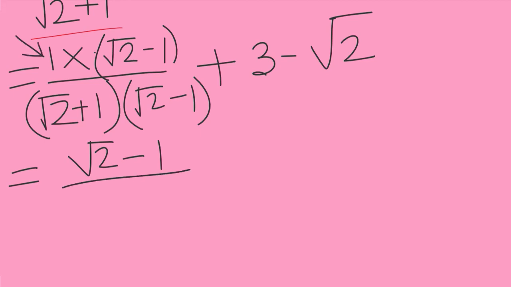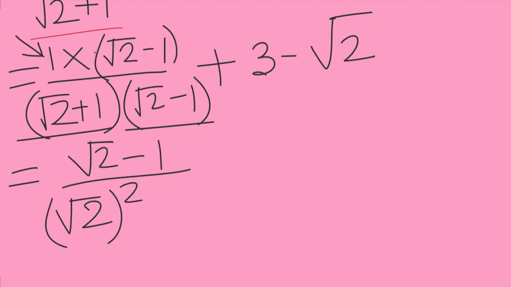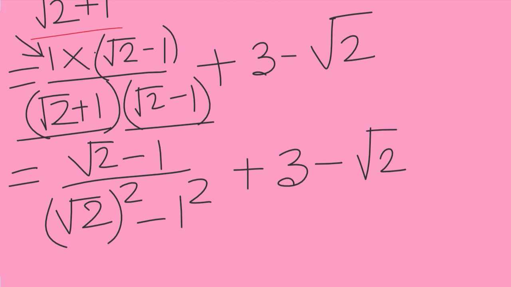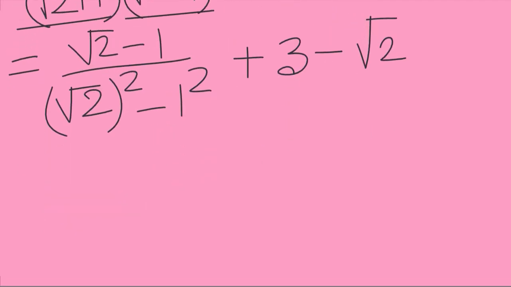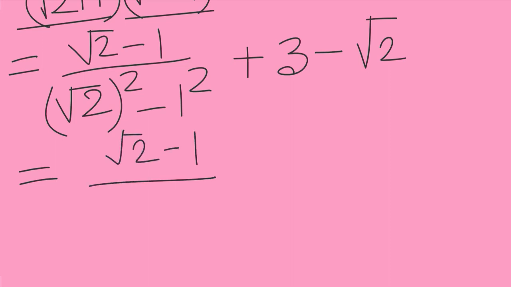Here you have a plus b and a minus b, so it will become a square minus b square, and these other things remain the same. Next you have root 2 minus 1, and here root 2 square is 2 and 1 square is 1. This 2 also remains the same until now.